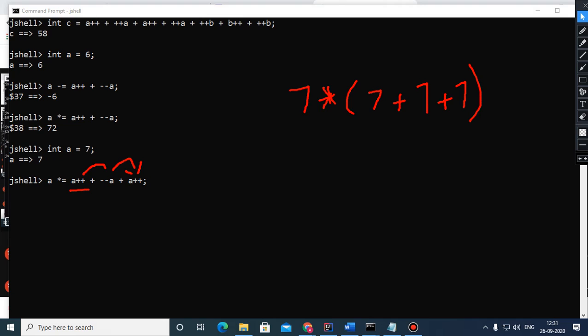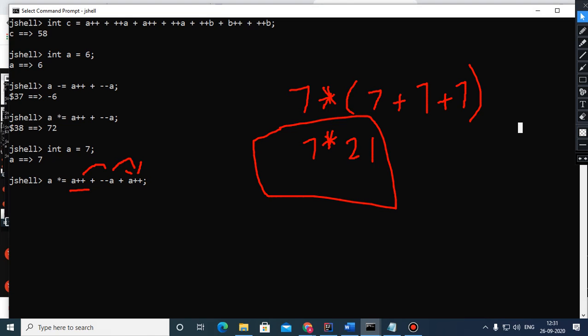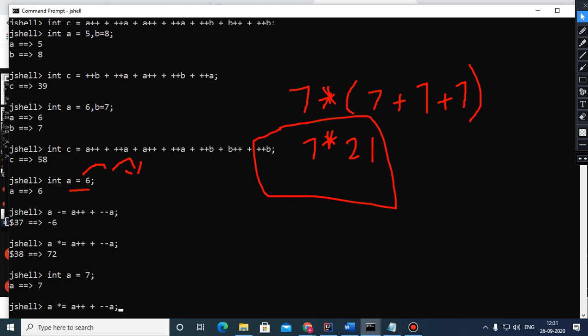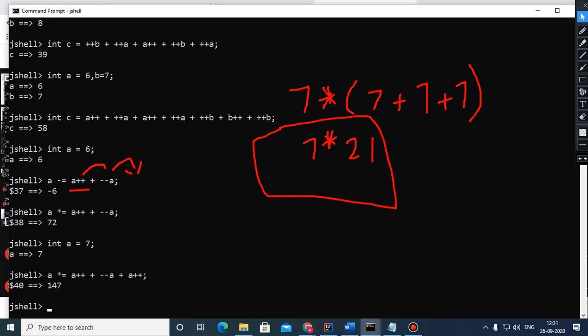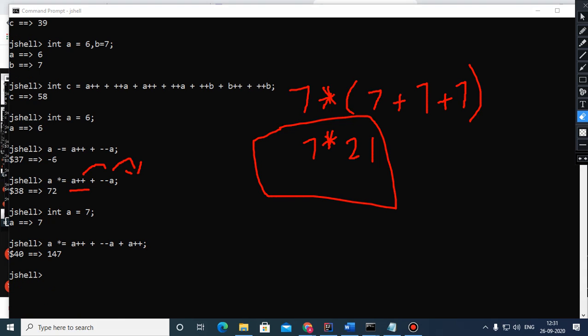So now here the value becomes 7 into 21. I am writing 7 into 21 on the screen, and it is 147.